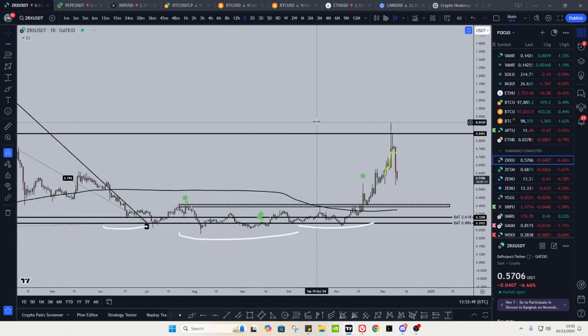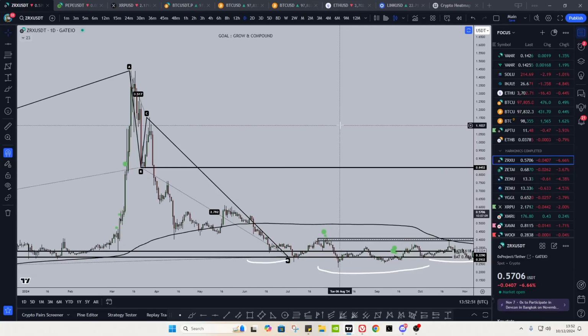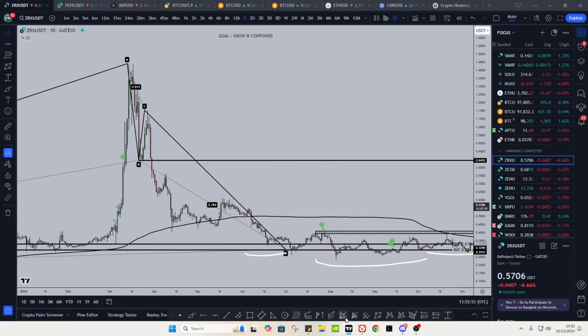I'm sure you could pattern down an AB equals CD if you wanted to. One sec, let's take a look. A, B, 0.517, so basically 0.5. No, so you went way past the ABCD. Yeah, in this case you didn't really have one. Your 2.0 for this ABCD was all the way up over here.